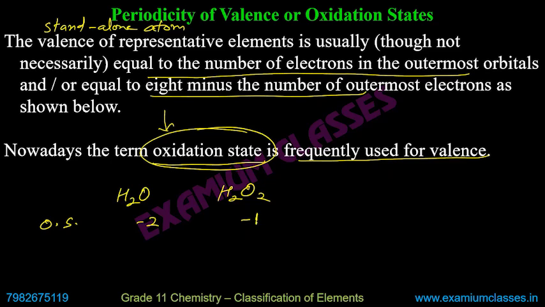So the same element, oxygen, has multiple oxidation states. It may not be true for all the elements. For example, fluorine will always have -1 oxidation state, and it will never change. But those are the rules we will be talking about in the redox chapter.